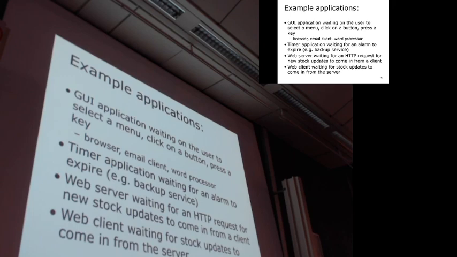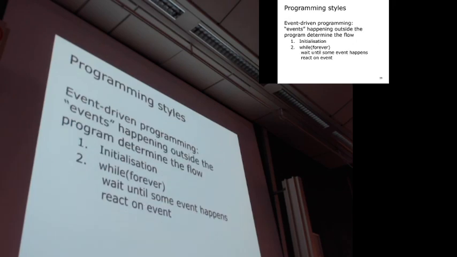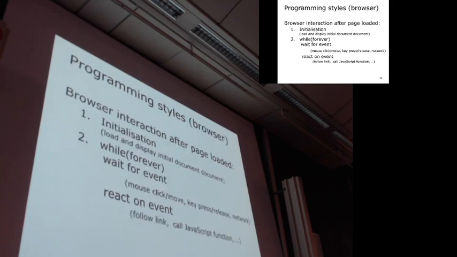The stock example that we just saw is also like this: it waits for new information to come in, briefly shows it on the table, and then waits for the next piece of information to arrive. So this type of programming is really used a lot.